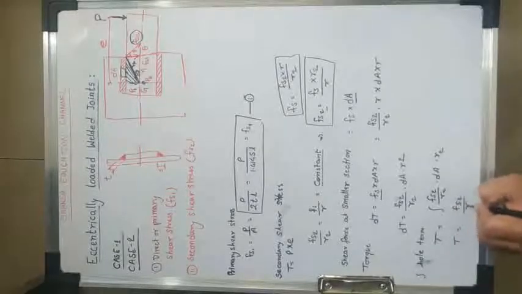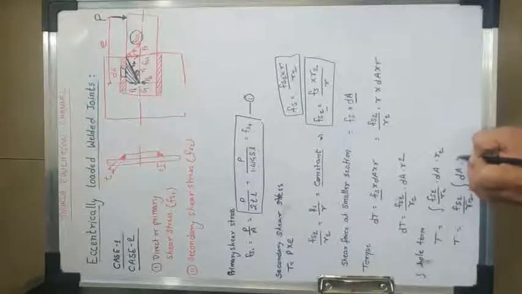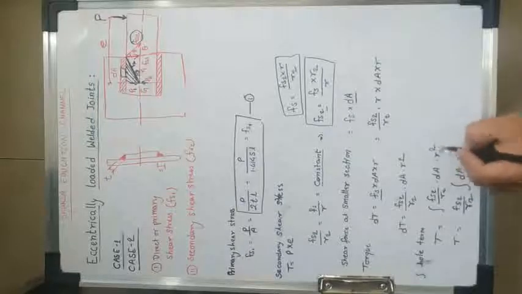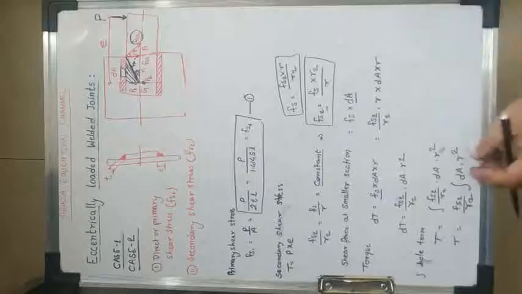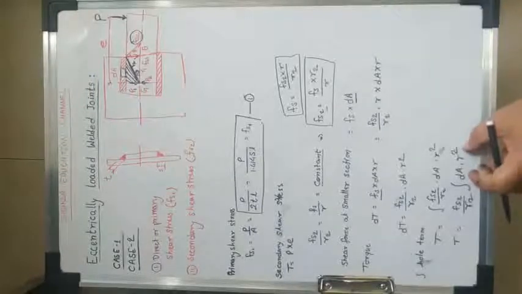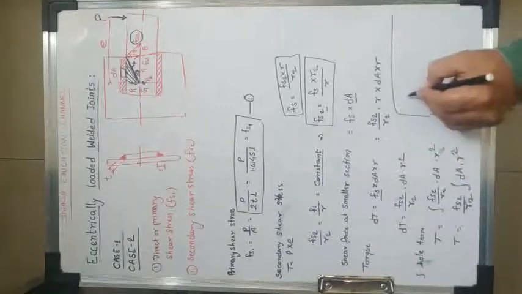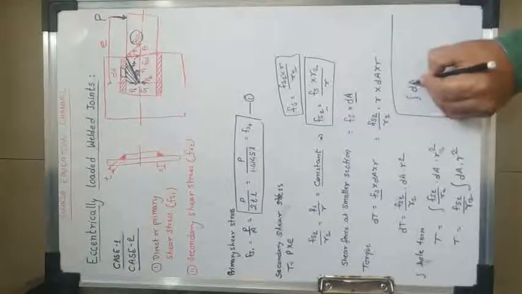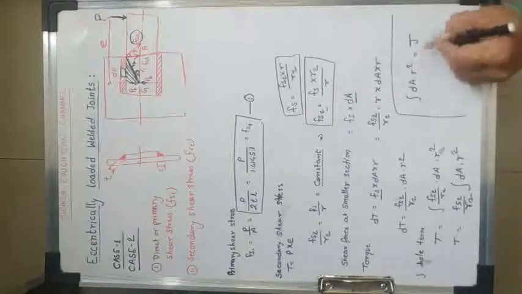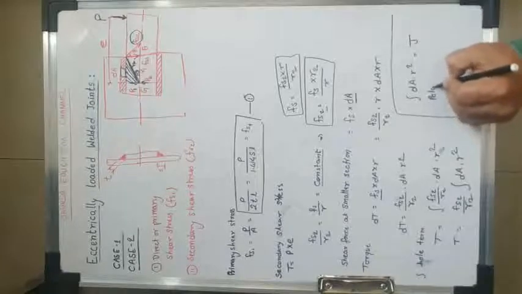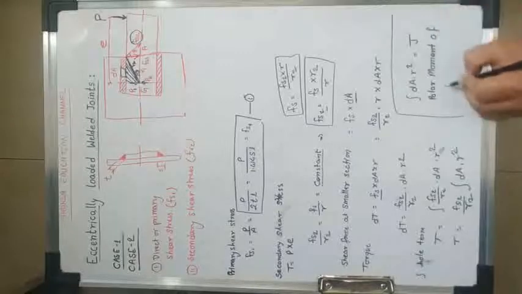Fs2 upon R2 integration dA into R. Sorry, this is not R2, it is R square. Then simply, do you know what this is? Integration of dA into R square is called J. What is J? Polar moment of inertia.